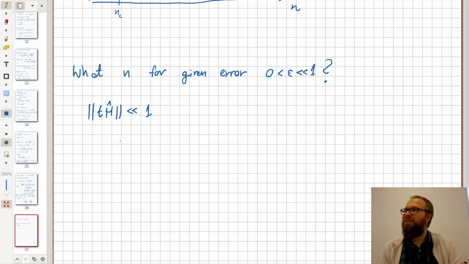Yeah, but that also depends on the norm of h, right? Yeah, the norm is suspect. No, t times h is smaller than 1. This is a dimensionless number. Yeah, but my point is, you cannot just simply say time.